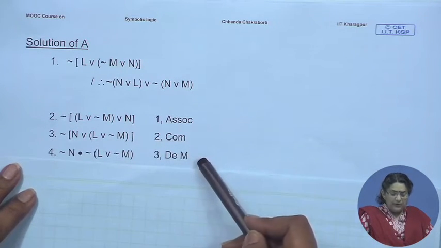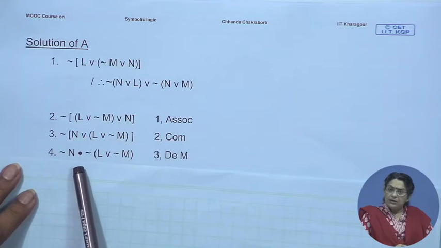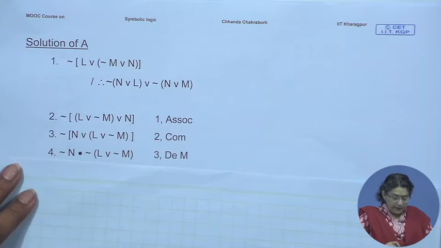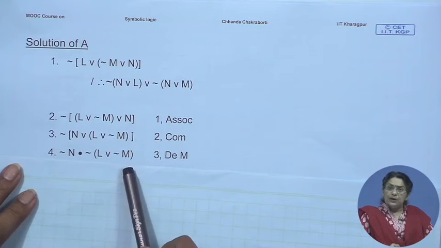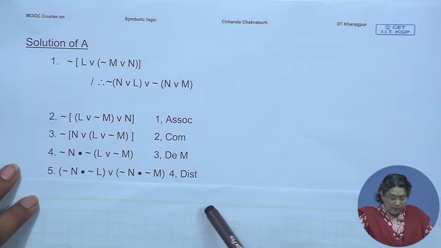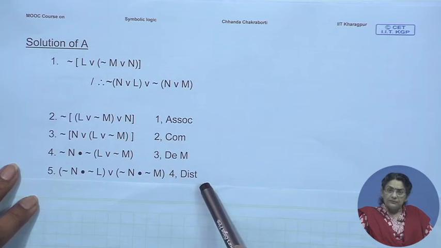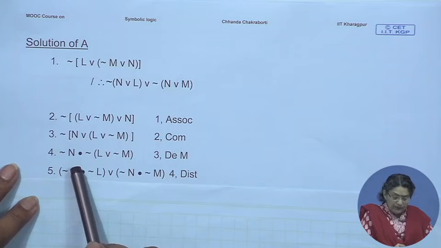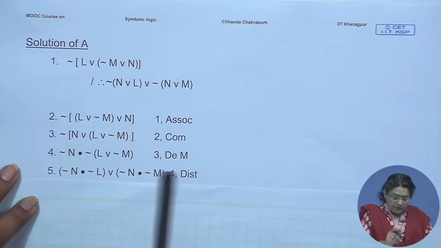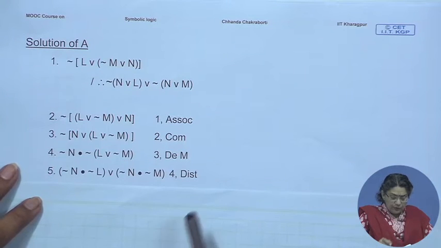So, De Morgan will give me a conjunction: not N dot not L wedge not M. Fine. This is what we have so far, and then we bring in distribution. What am I doing? I am distributing this not N with L and inside not M, and it looks like this.